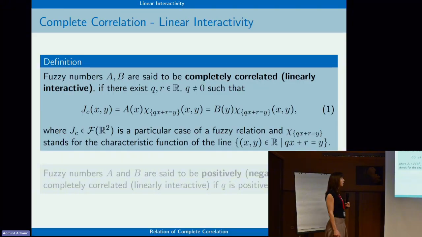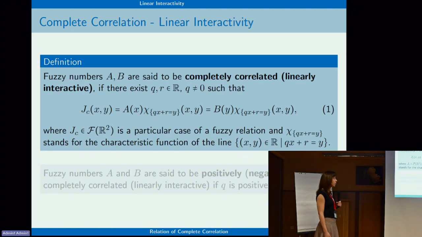If we have two fuzzy numbers, or as was said, fuzzy intervals, we say that these two fuzzy numbers are completely correlated if there exist two real parameters, q and r, such that these fuzzy numbers are joined by a particular case of fuzzy relation J_C, such that the elements of the fuzzy numbers are connected by a line given by the parameters q and r.